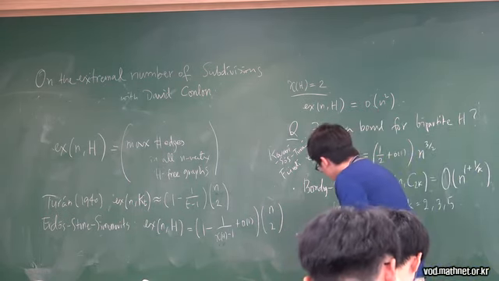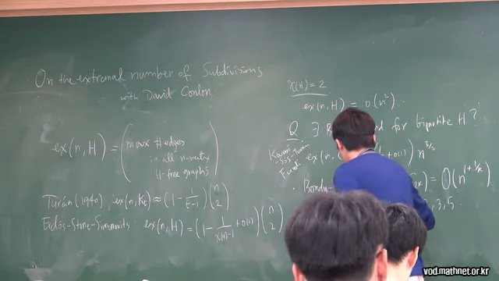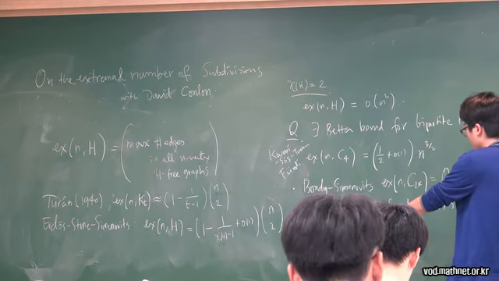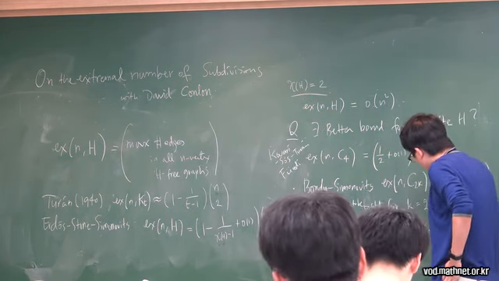Another result by Kővári, Sós, and Turán, again a very classical result, says that for the complete bipartite graph, which is another fairly natural example to consider, we have n to the 2 minus 1 over s when s is at most t.